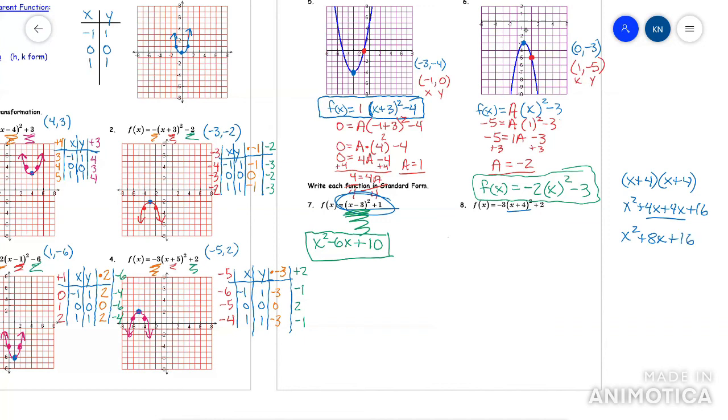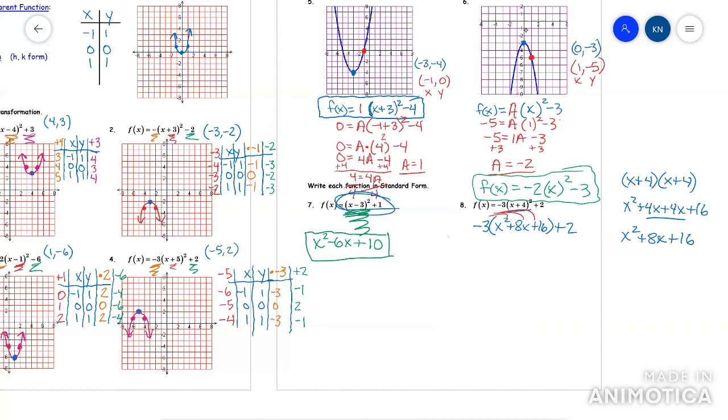So I can rewrite this equation, -3. I just FOILed that x plus 4 squared out and got x squared plus 8x plus 16. And then the +2 at the end. Now here's what I'm talking about. You have to take this -3 and you're going to have to distribute it to all of these things.